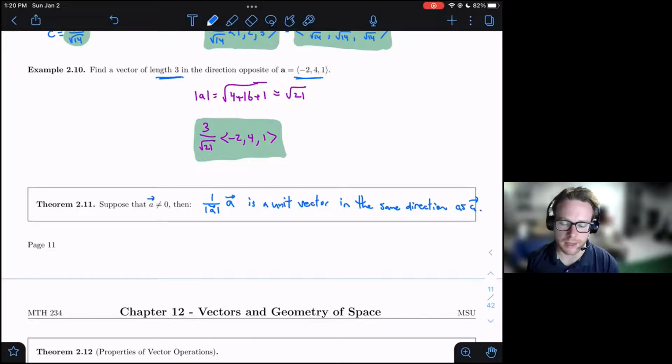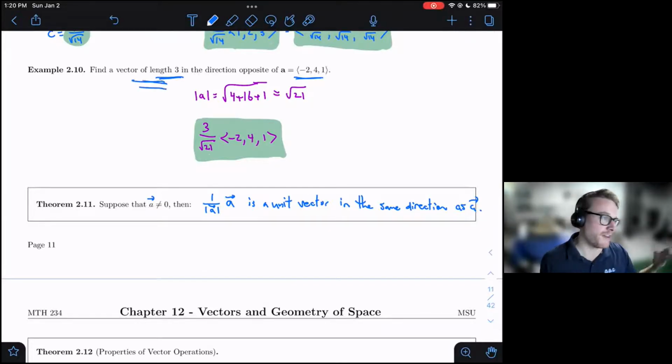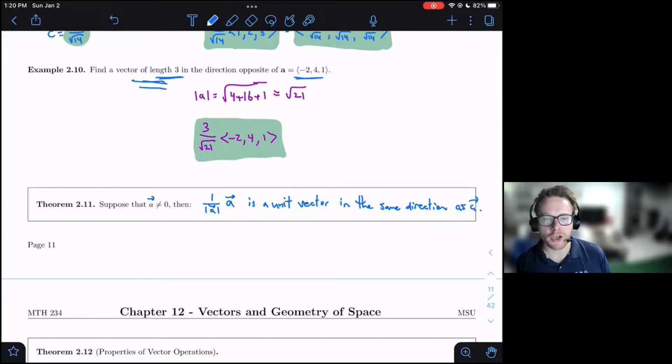And then if you want it to be length 3, length 5, 100, whatever, you can just multiply by some extra value, like 3 there, in order to make it whatever length you want it to be.